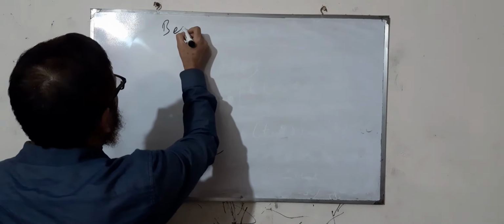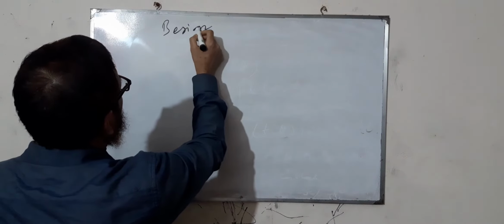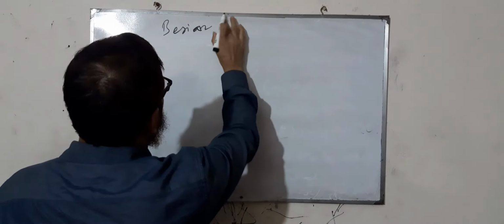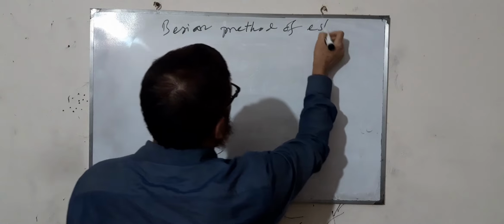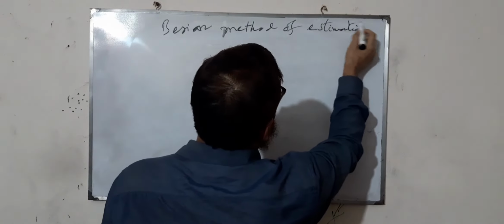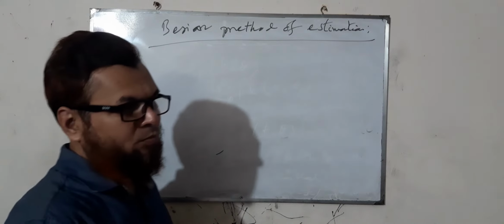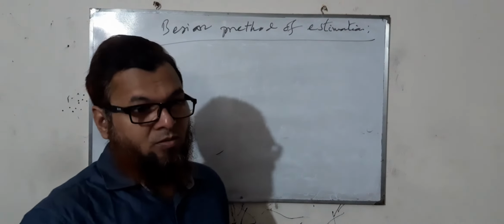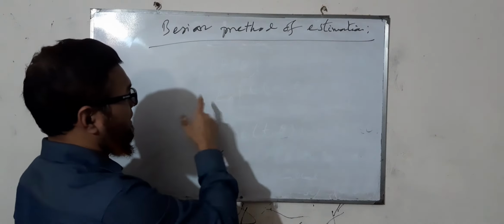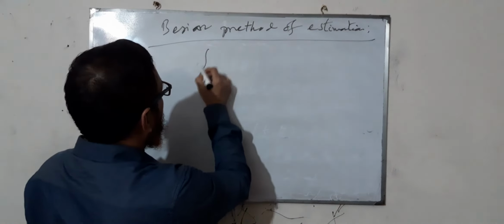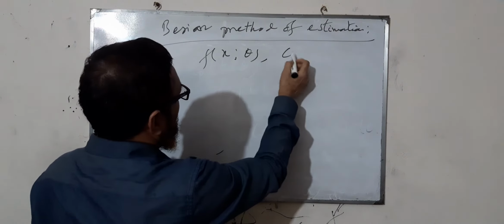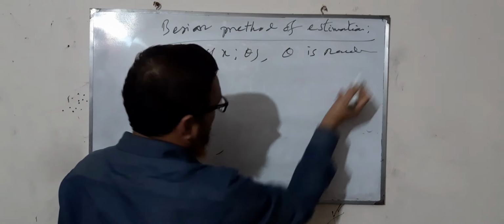Now, Bayesian method of estimation. We know our common setting: let X1, X2, ..., Xn be a random sample drawn from a population having density function f(x, theta), where theta is a random variable.